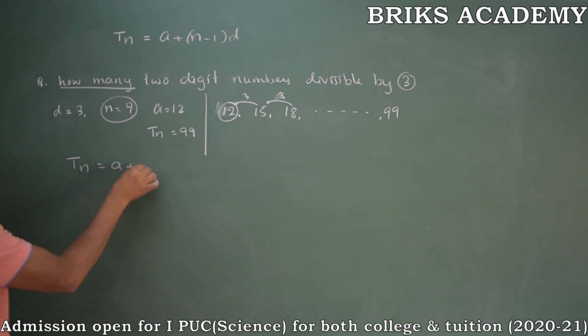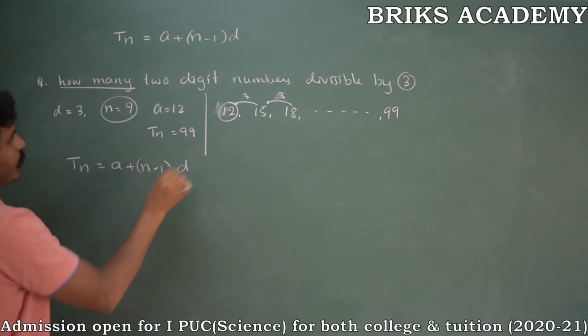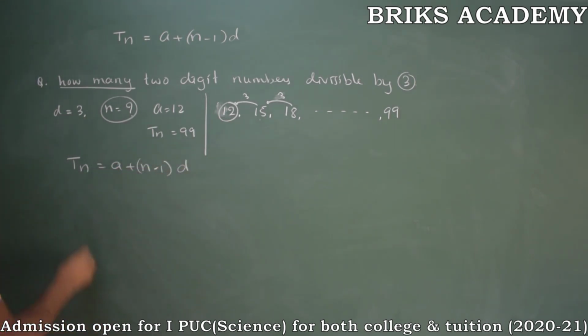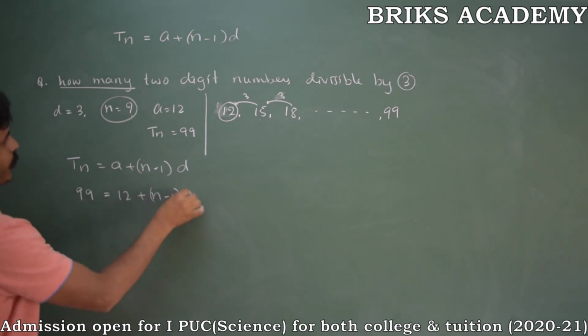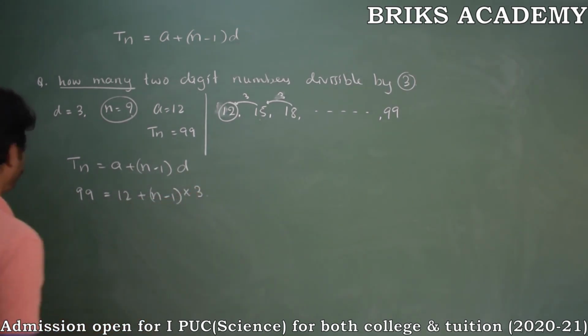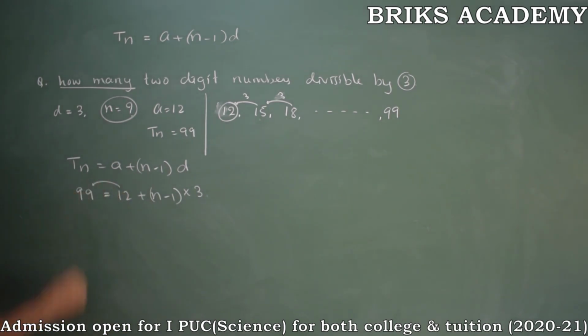A plus n minus 1 into D. What is the nth term? 99 equal to A, which is 12, plus n minus 1 into D, which is 3. If I take this side, 99 minus 12, how much? 99 minus 12.